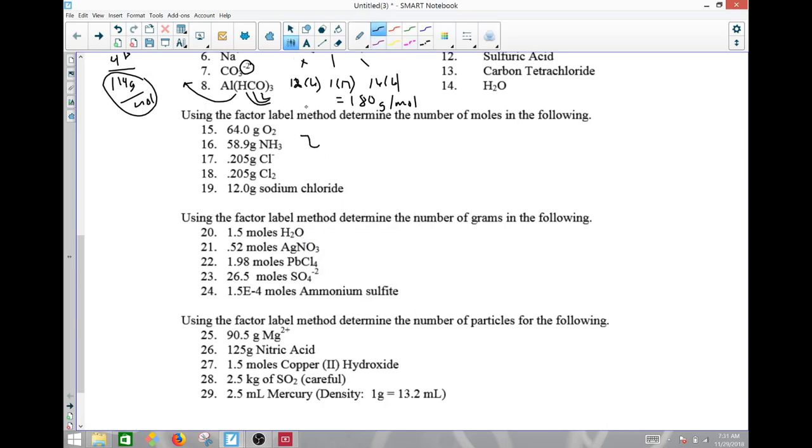Very good. All right, so now I have 64 grams of oxygen. The question here is, how many moles do I have?